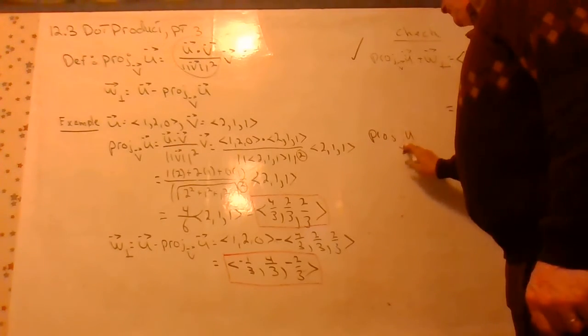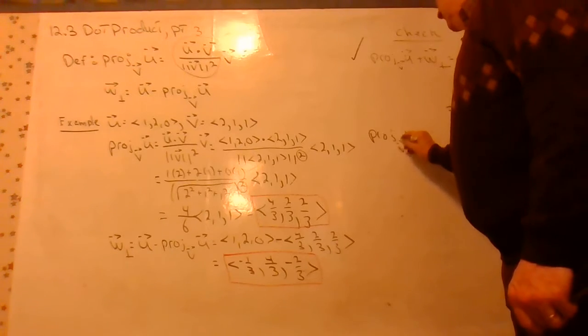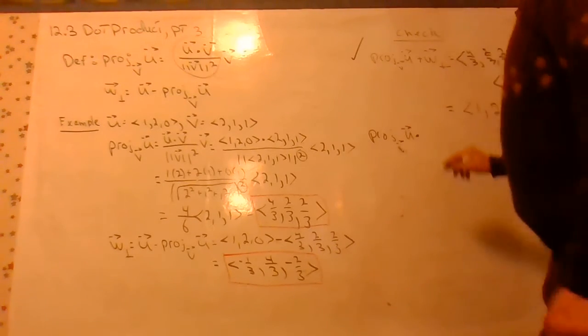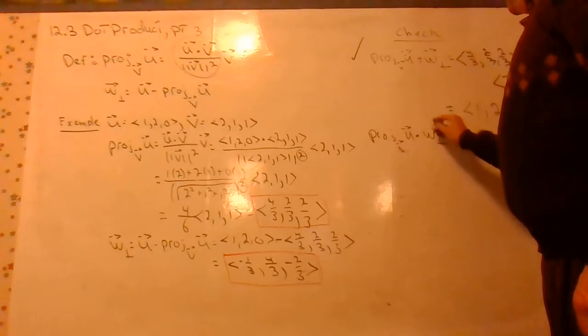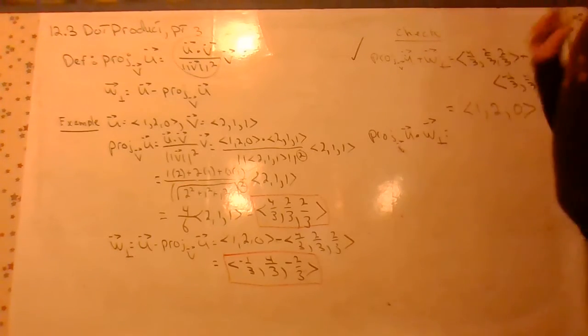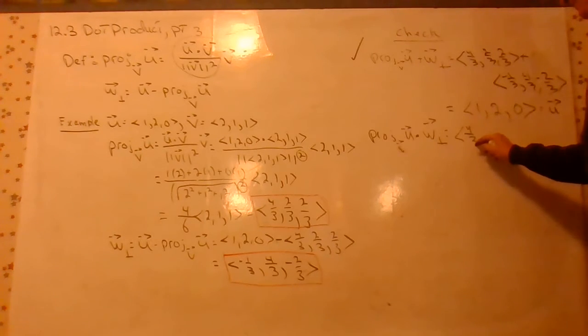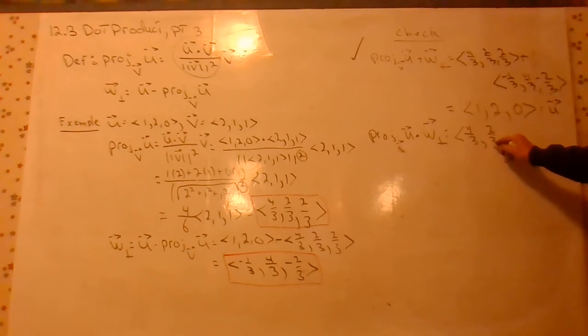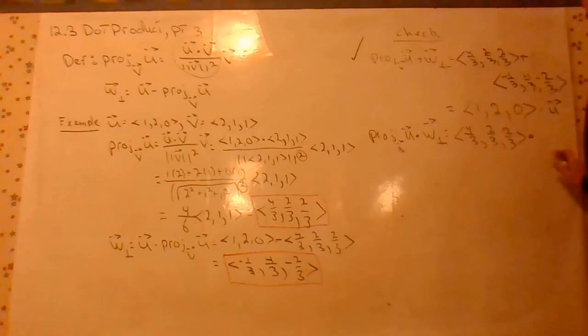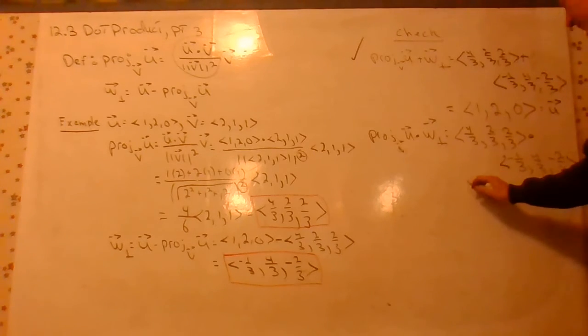Projection of u onto v, dotted on w perpendicular. We're going to dot these vectors together. 4/3, 2/3, 2/3, dotted on negative 1/3, 4/3, negative 2/3.